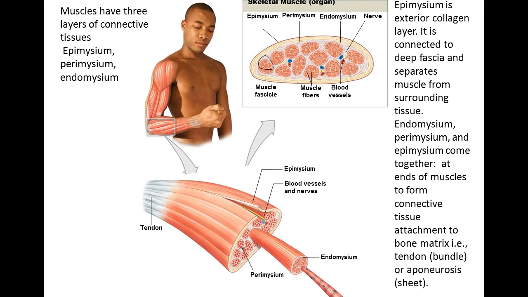So myo is your word root for muscle. Anytime you see that, you're thinking, oh, it has something to do with muscle. And these are the three layers of connective tissue going from outside to inside that each have a slightly different function. And what we have here is this young man, and he's contracting his biceps and also his muscles of his forearm.